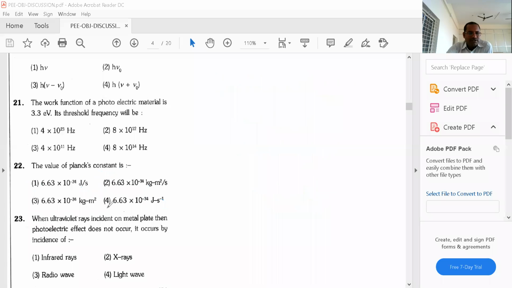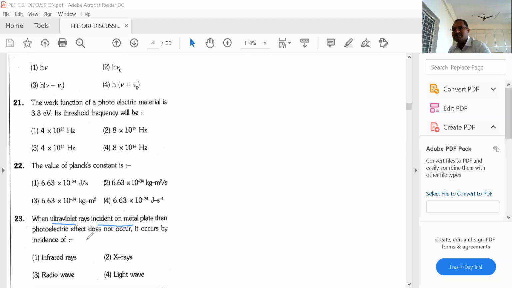Question number 23. When ultraviolet rays are incident on a metal plate, photoelectric effect does not occur. It occurs with which incident radiation? The concept we need to understand here is that ultraviolet radiation incident on a metal plate does not cause photoelectric effect.